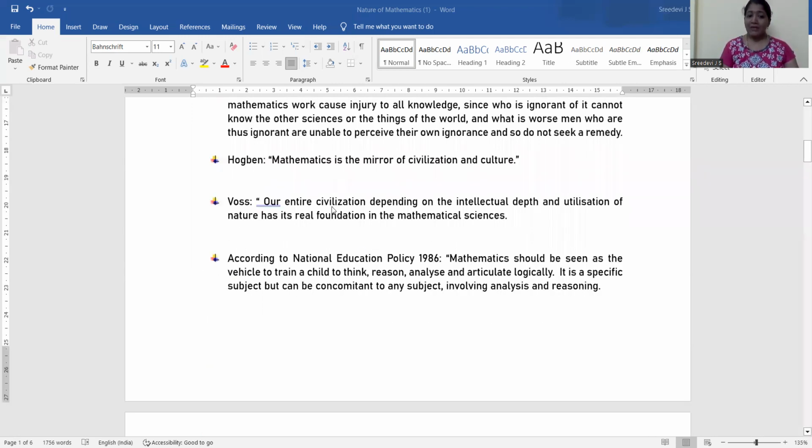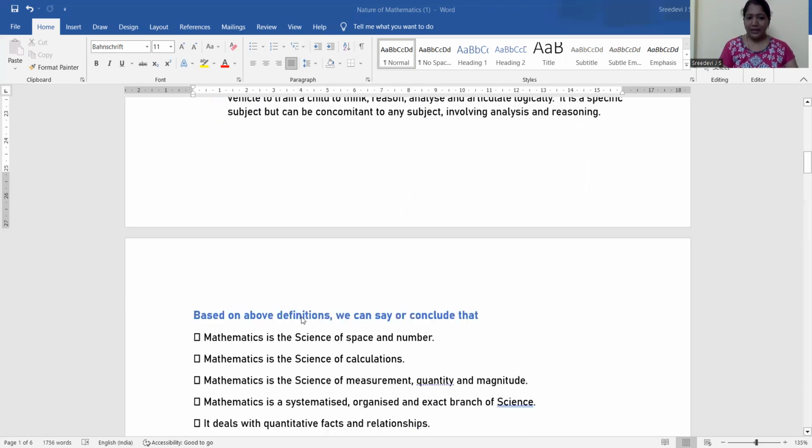According to Bose, our entire civilization, depending on the intellectual depth and utilization of nature, has its real foundation in the mathematical sciences. According to National Education Policy 1980s, it's very, very important: mathematics should be seen as a vehicle to train a child to think, reason, analyze, and articulate logically. It is a specific subject but can be co-related to any subject involving analysis and reasoning.